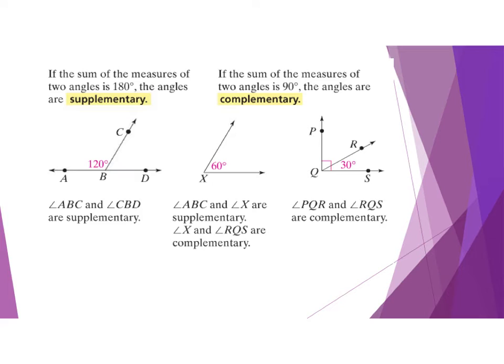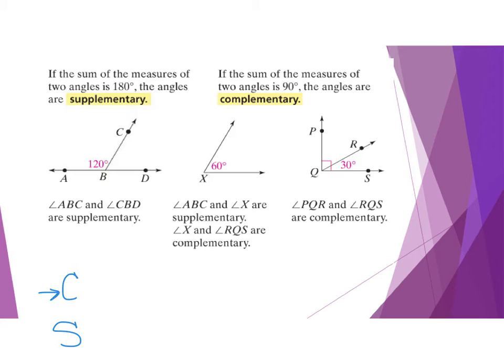And just like with supplementary angles, we have a term used when we have two angles that add up to be 90 degrees. This is what we call complementary. Now these are sometimes confused easily. So what I like to do is think of complementary and supplementary as alphabetical.